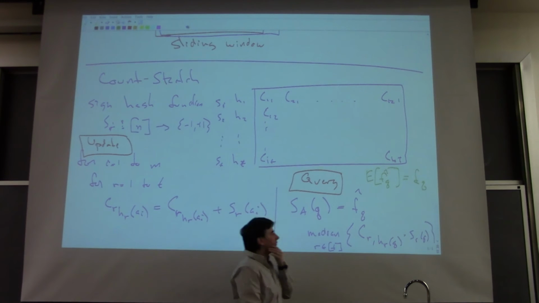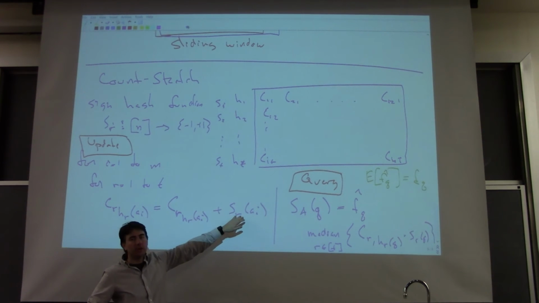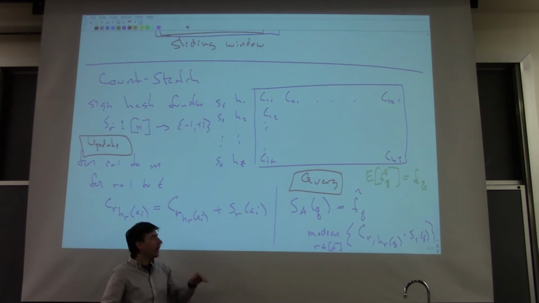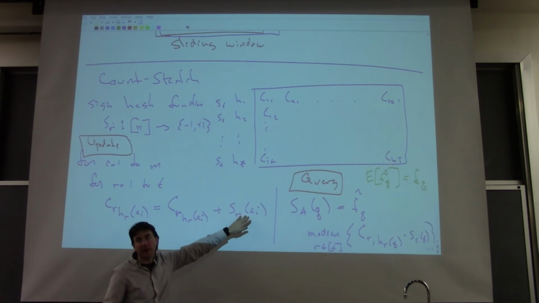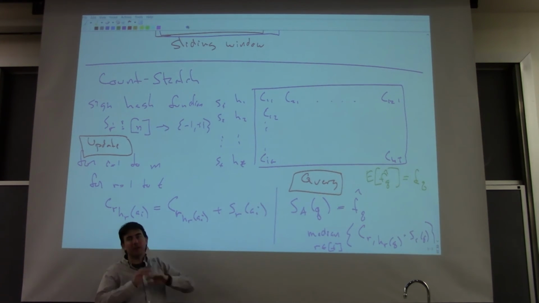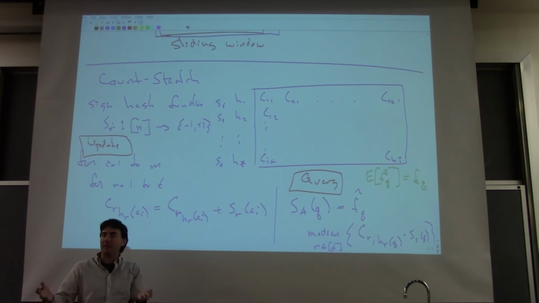The reason is that for every other item, the ones which are not Q, whichever ones happen to collide, I randomly either add them or subtract them based on these sign hash functions. So my collisions could be positive or negative, so on average they're 0.